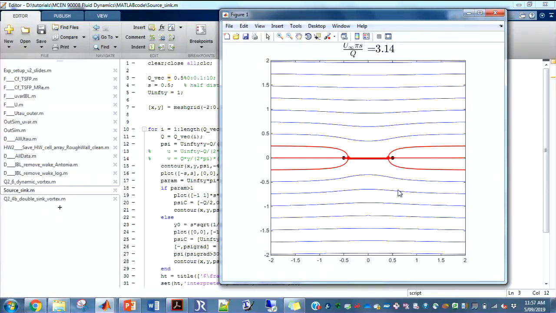So one way to think about it is at this point, if you can calculate the velocity direction at the origin. And in this case, I calculate the velocity at the origin, and that's pointing to the right, which is the same direction as the uniform flow.